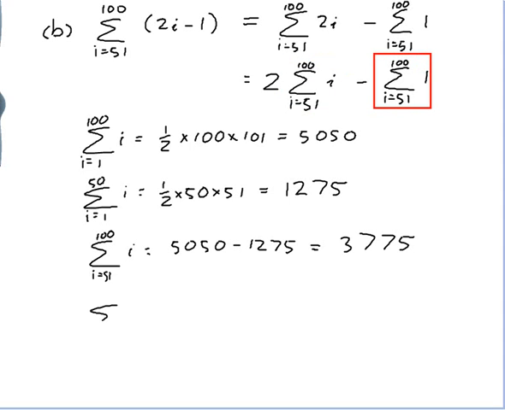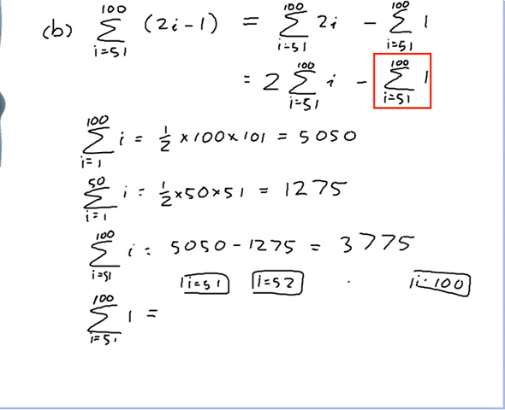So let's write that down. The sum from i equals 51 to 100 of 1. Well, let's just write down what that means. We've got if i equals 51, i equals 52, and then all the way up to i equals 100, and then we just put 1.